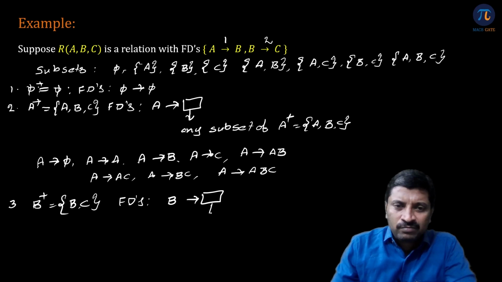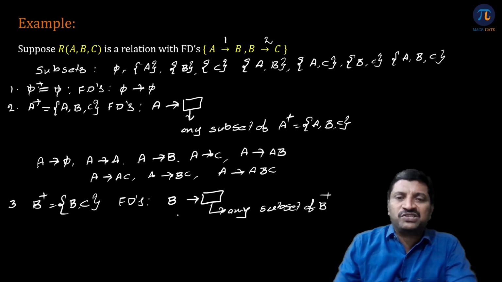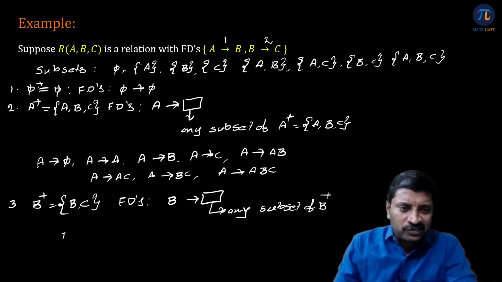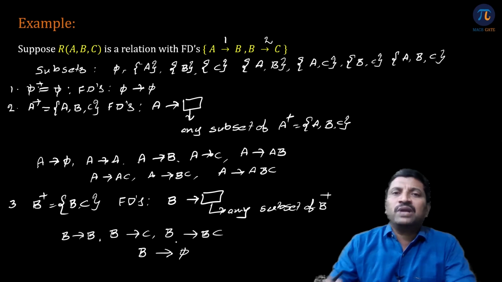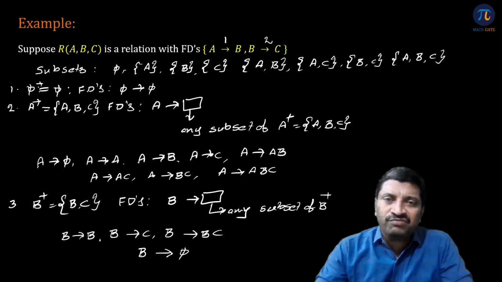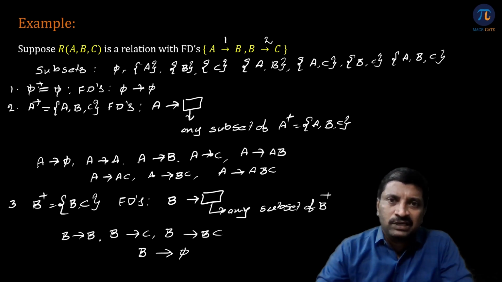Any subset of B plus, right? So what you can write, sir? B implies B, B implies C, B implies BC, and of course we can write B implies empty also. So like this we can find the set of all possible functional dependencies. Is that clear, sir?